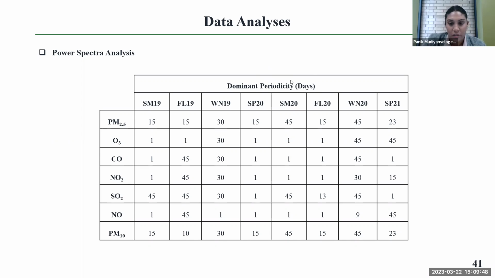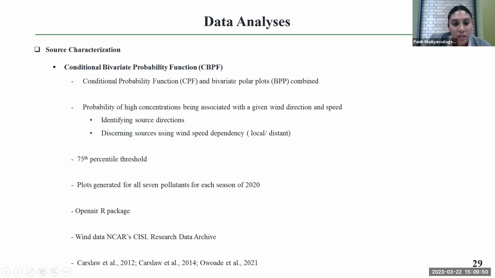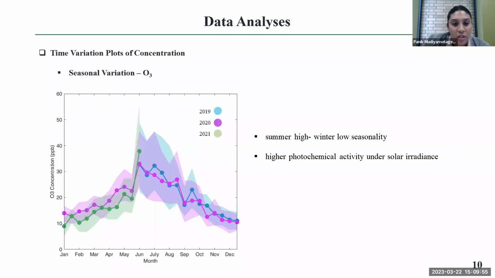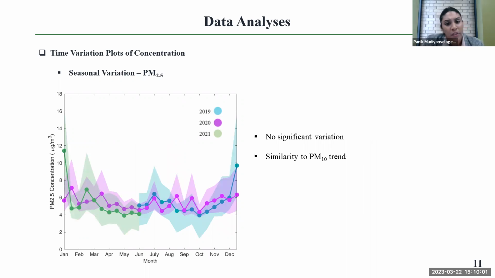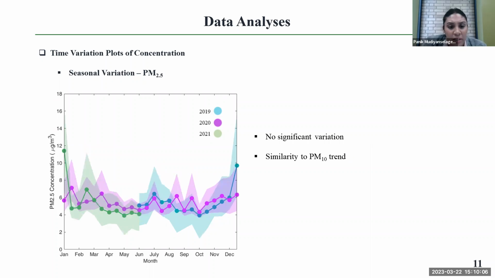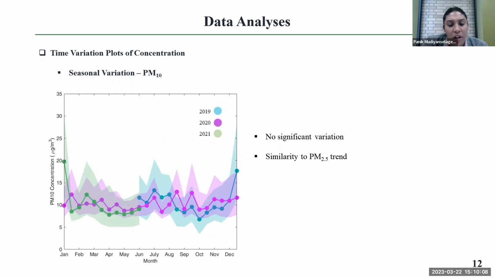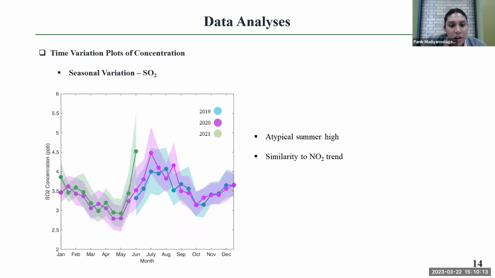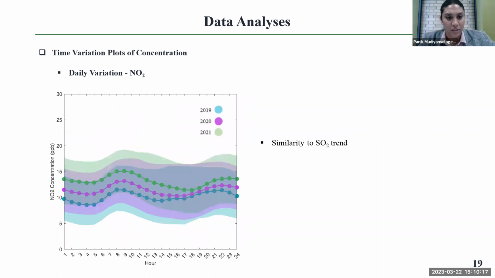If I go back to these two plots, they kind of make sense to me. The particle pollution for PM10 and PM2.5 might be from the same kind of sources. And for NO2 and SO2, if I look at the daily plot, we see similar trends.